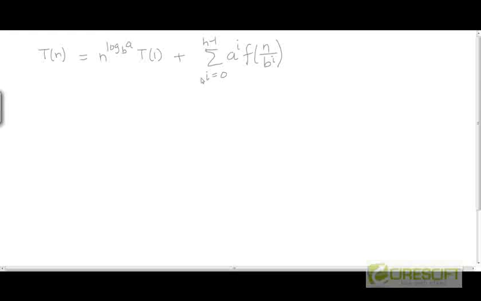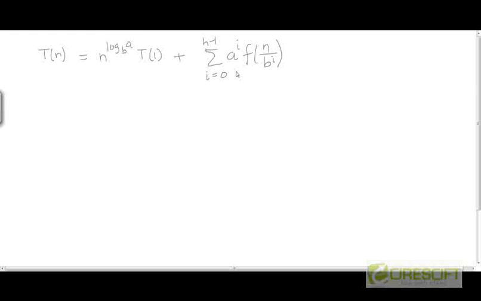In some cases, this series turned out to be an increasing geometric series. And in some other cases, every term in this series was the same. So we could simply take one of the terms and multiply it with h to get the value of this summation.